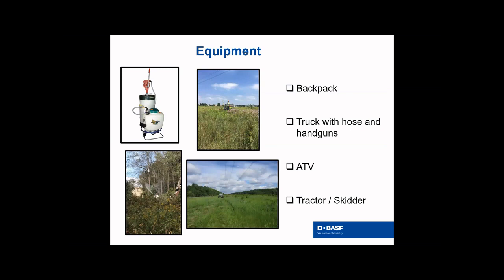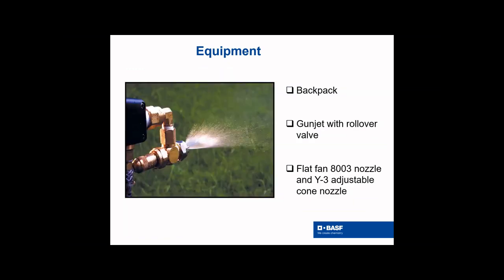So how do you do these applications? Most people associate this with backpacks, but you can use a truck with a tank and hose and handguns. You also can use ATVs, or you can use a tractor skidder in some situations. My preferred system for low volume foliar applications is a backpack, and then what's called a gun jet, which is a car wash gun.